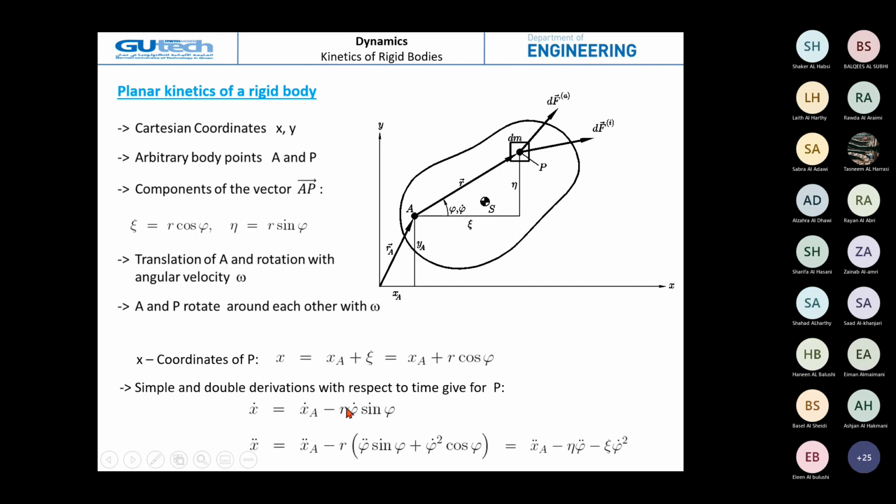Then we derive the first term, phi dot, and then we derive sine phi with respect to time. Then we have phi double dot sine phi for the first term, plus the chain rule: the derivative with respect to time of sine phi is phi dot cosine phi.